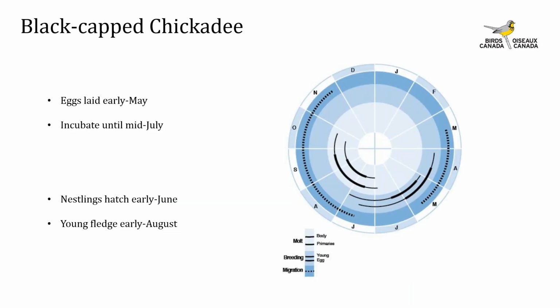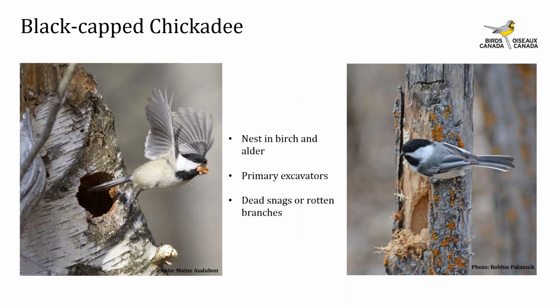So they will begin laying eggs in early April and continue to incubate through to mid-July. The young hatch as early as the beginning of May and fledge from the nest in late July. They often nest in birch and alder trees, and they excavate their own nest in dead snags or rotten branches.